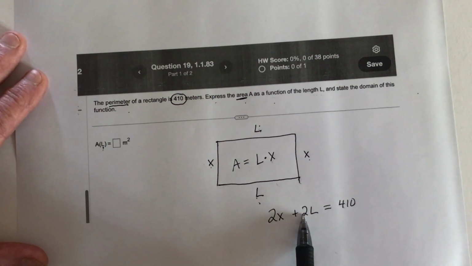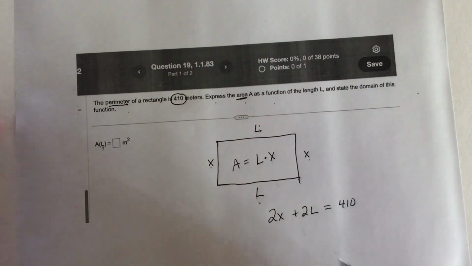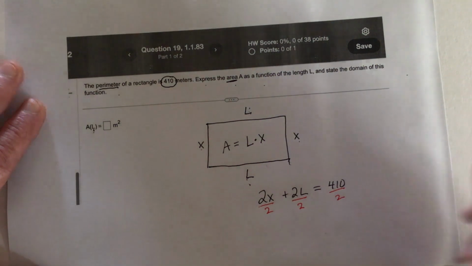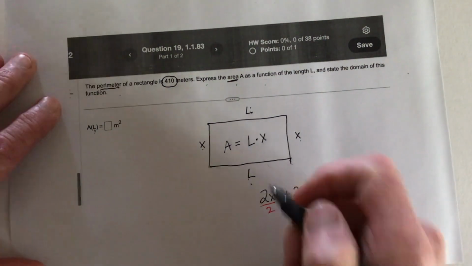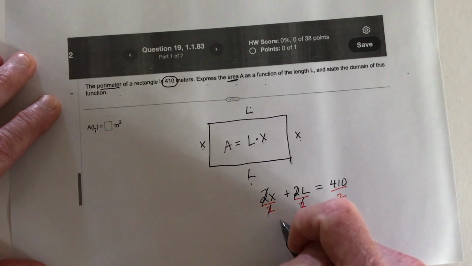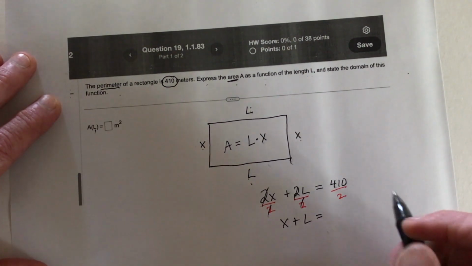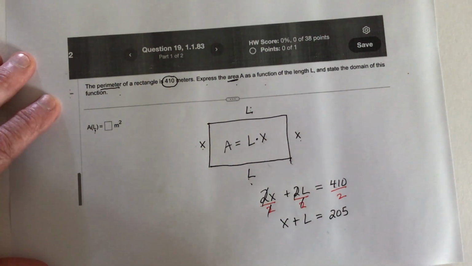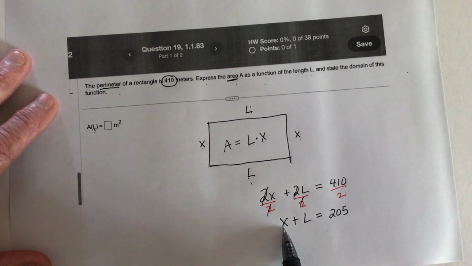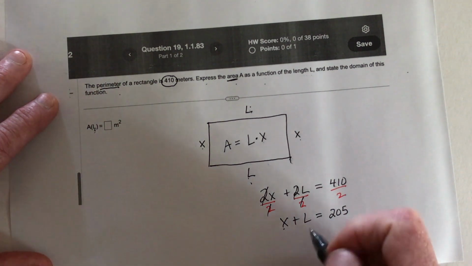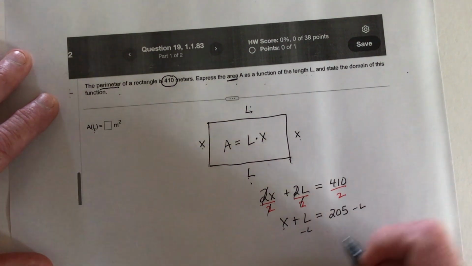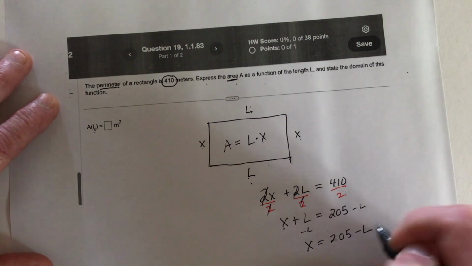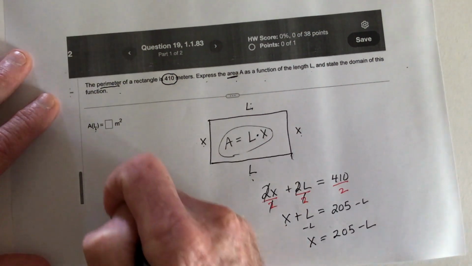I do notice that all these numbers are even, so it would actually make life a little simpler if I divide by 2 and divide by 2 and divide by 2. And then this will cancel and cancel, so it's going to say X plus L equals, and then 410 divided by 2 is 205. And then I just need to solve for X. So just subtract L from both sides, and X is equal to 205 minus L. Then go to this area formula.